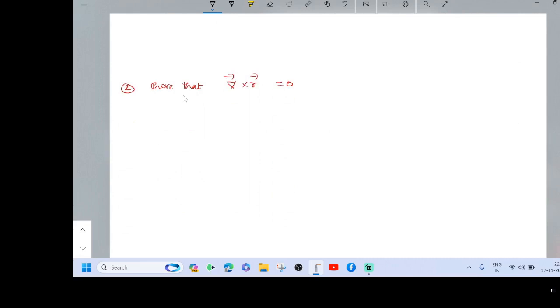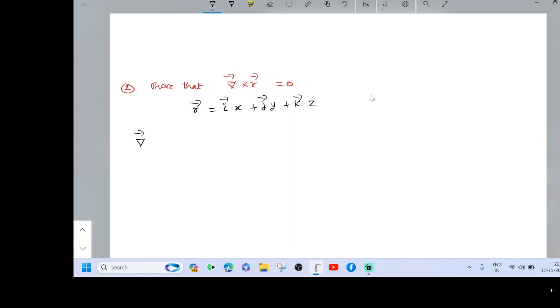See this problem. Prove that curl r equals 0. You know the position vector r equals i x plus j y plus k z.